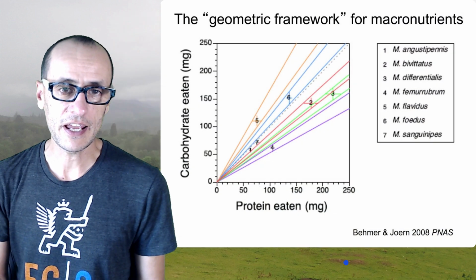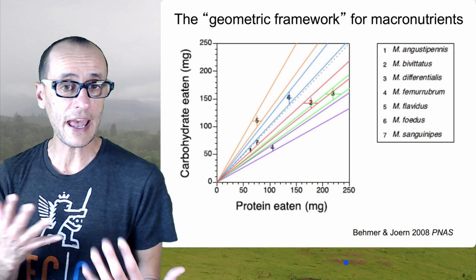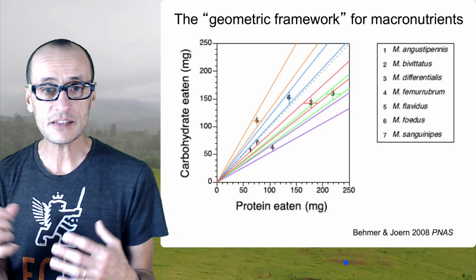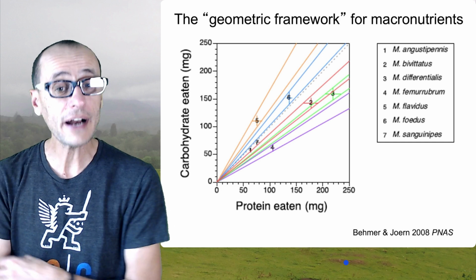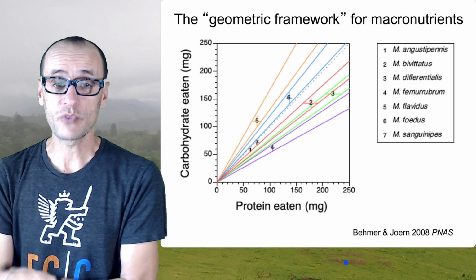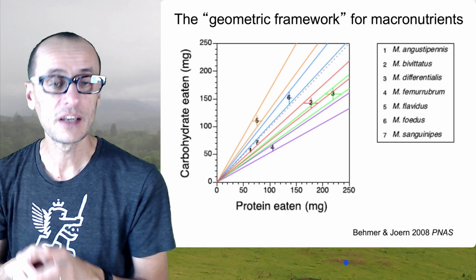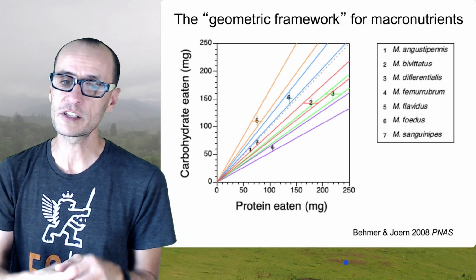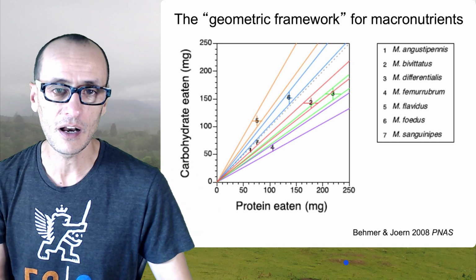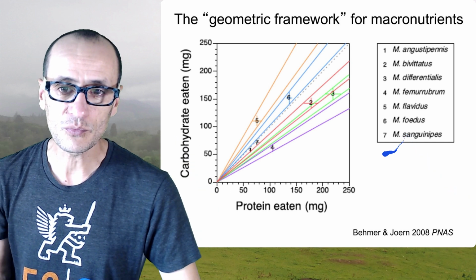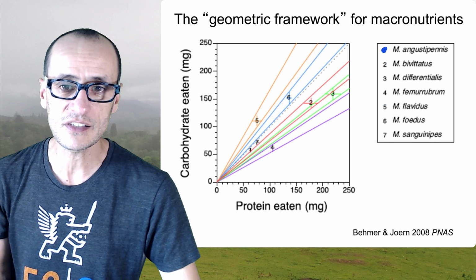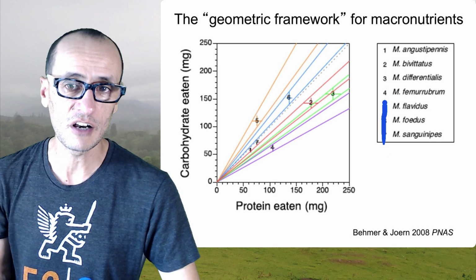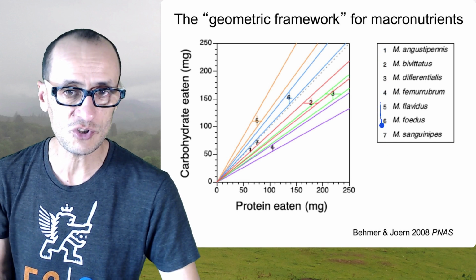When you go out into a natural community and look at what kinds of carbon to nitrogen ratios different species are actually taking in, in a community of organisms that could potentially use the same host plants, they found some really interesting patterns across these 7 species of grasshoppers that are all in the same genus.